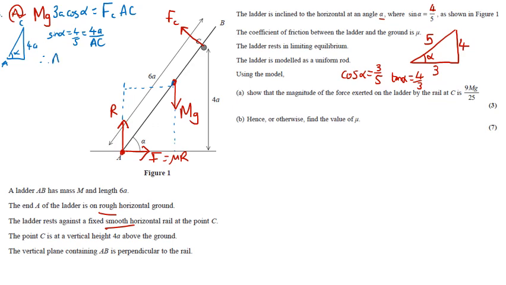So therefore AC is equal to 4a over sine alpha. So that's 4a divided by 4/5, which is 5a. We also know cos alpha is 3/5, so we'll put that back in as well. So we've got mg 3a times 3/5 is equal to the force at C times 5a.